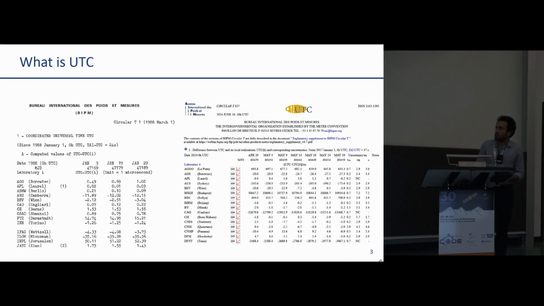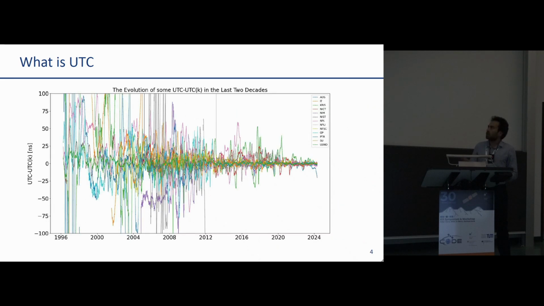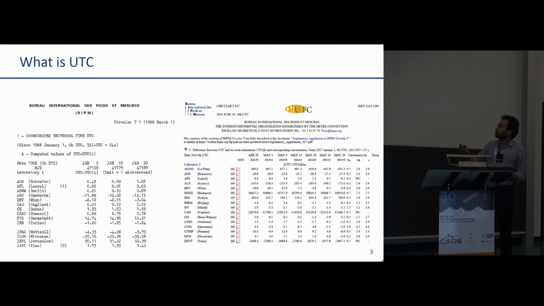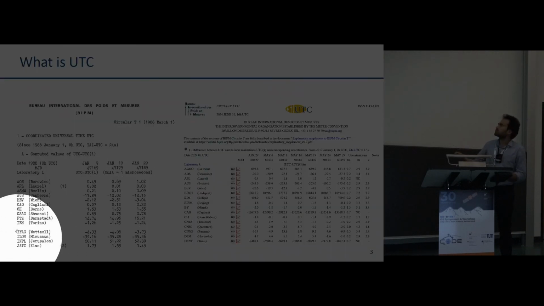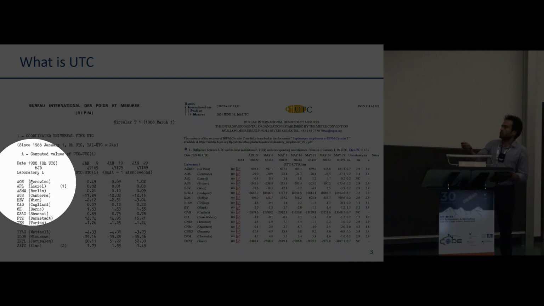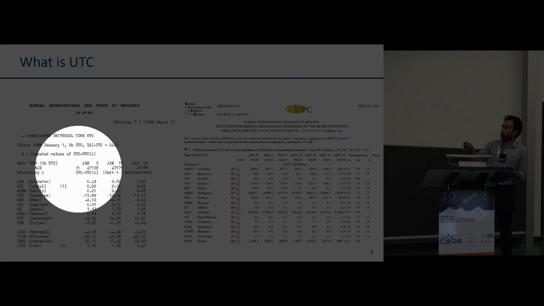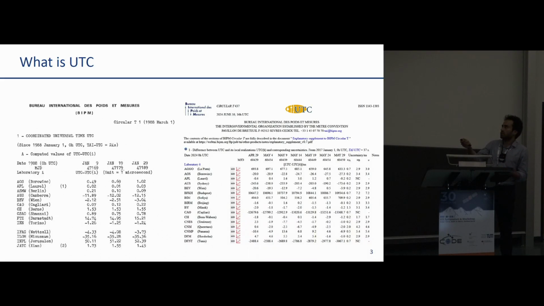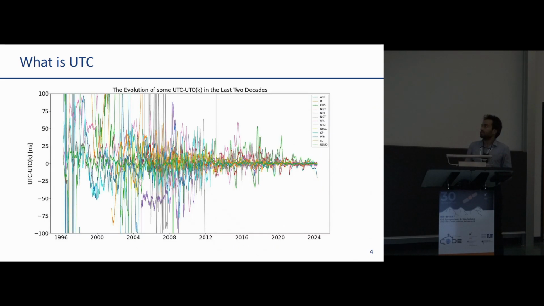Since 1988, each month we publish the so-called Circular T, where all the differences between UTC and UTC(k), the time scale of each lab, are tabulated every 5 days. You can see here the first Circular T and the last one.